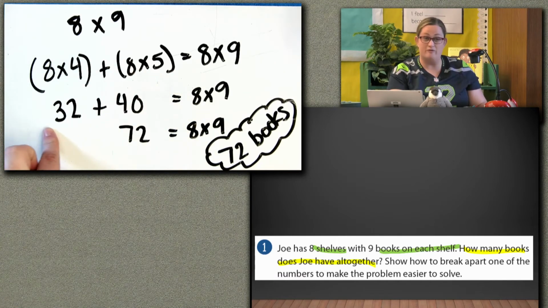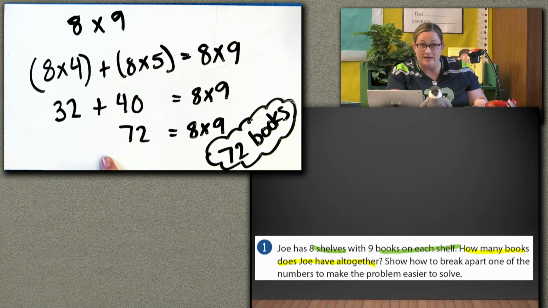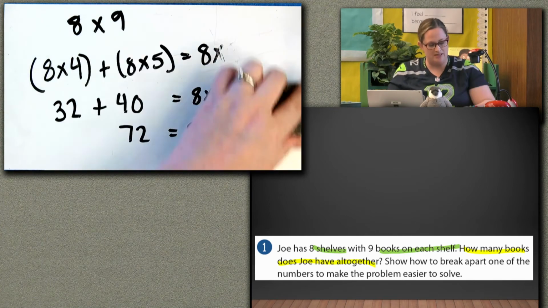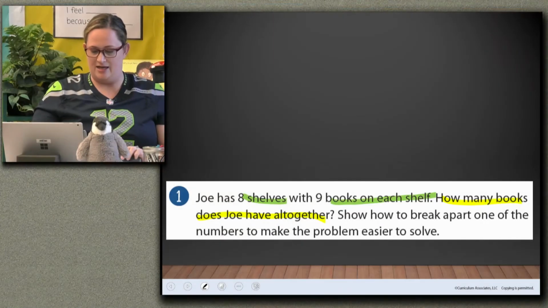Or was it the actual facts? That's easy to mess up. Or was it the adding? Which part was your stuck point? Now, if you didn't, great job. We're going to go on to the next problem. But if you did make a mistake, figure out where your mistake was and don't make that same mistake on the next problem. Are you ready? Okay, here we go. So my whiteboard's going to disappear. We're going to go on to the next problem.